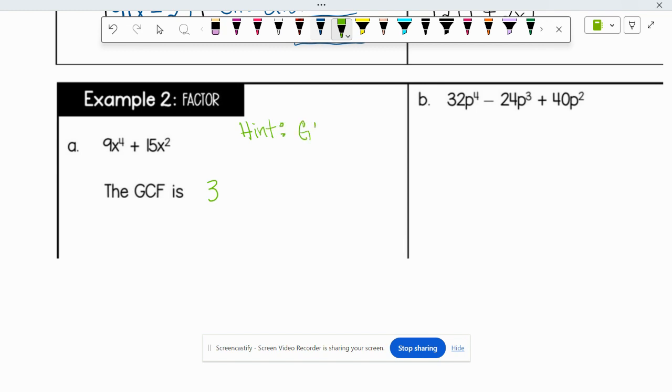The GCF of a variable is the smallest power of the like term. So what does that mean? Well, that just means that the greatest common factor of variable terms is the smallest power of the same variable, right?